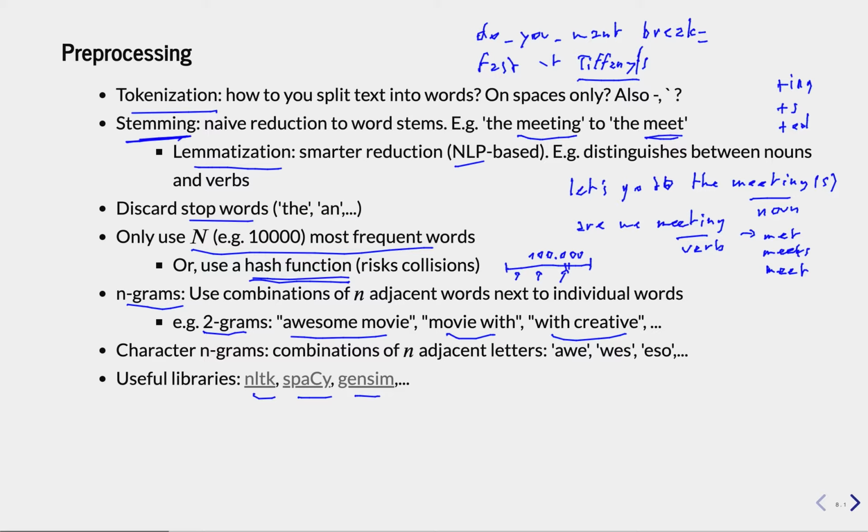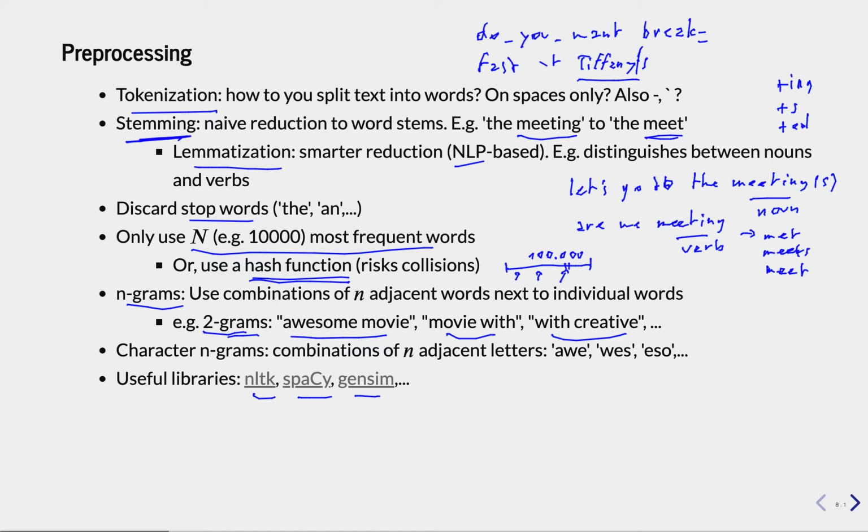That is some way that you can still maintain some of the word ordering in your bag of words. If you don't do this, then the word ordering is completely destroyed by the bag of words representation. So bigrams help you maintain some of that information.